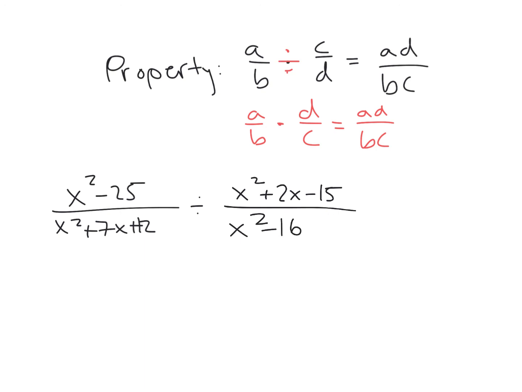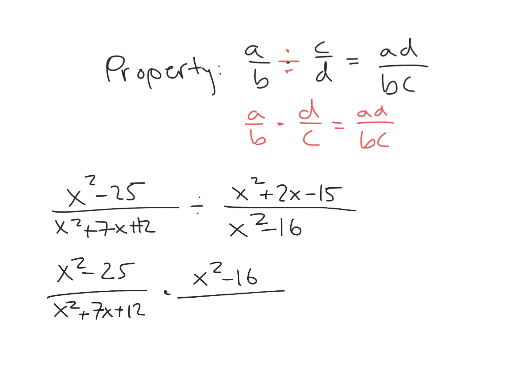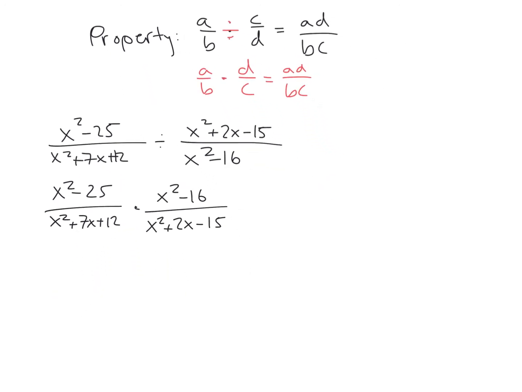Alrighty, so the idea behind this, ladies and gentlemen, is we're going to first flip the second rational, so that way we can effectively multiply both of these rationals together. Boom. There we go. So the denominator goes to the top, numerator goes to the bottom, and now you are set, okay? Now, the idea here is that we need to factor these and then see what simplifies.